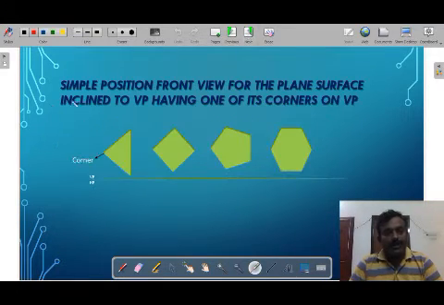In the next case, the front view is for the plane surface inclined to VP, whereas the resting condition is corner on VP. So draw the front view and keep the corner on the left hand side, in such a way that the two edges from the corner are equally inclined, or an imaginary line drawn from here should be perpendicular.